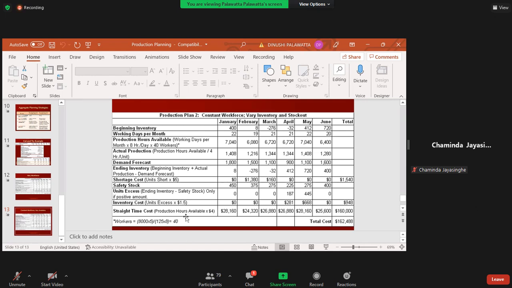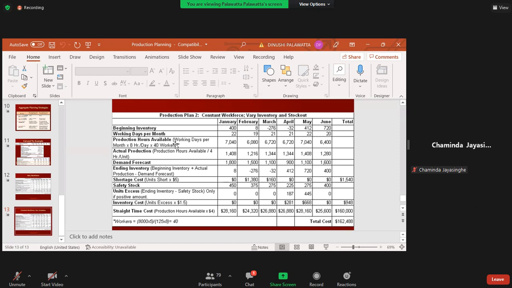And then we can calculate. The beginning inventory is 400. Let's go to January. Beginning inventory is 400, and in January the number of working days is 22.